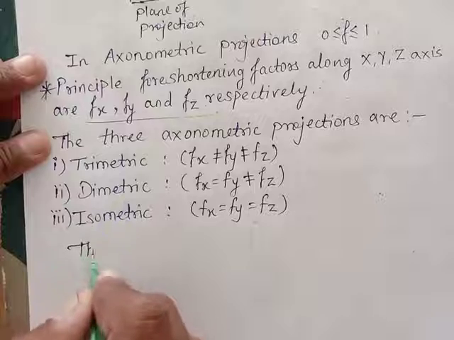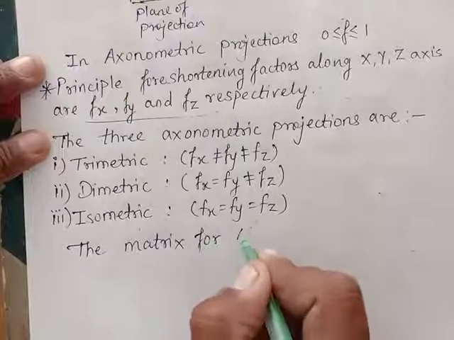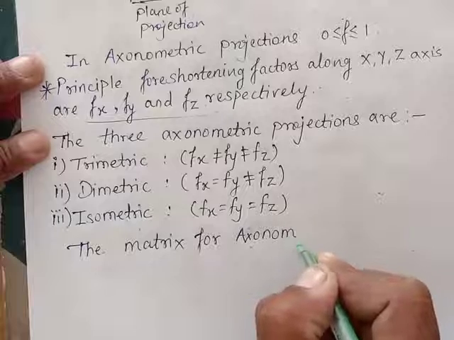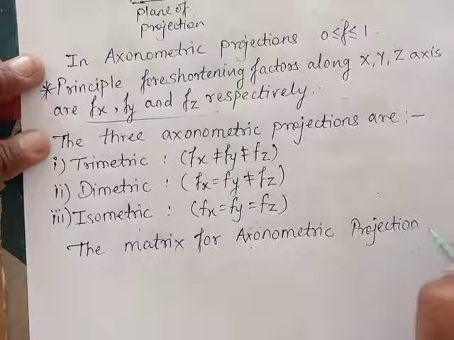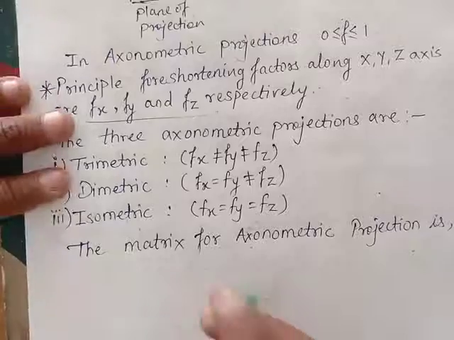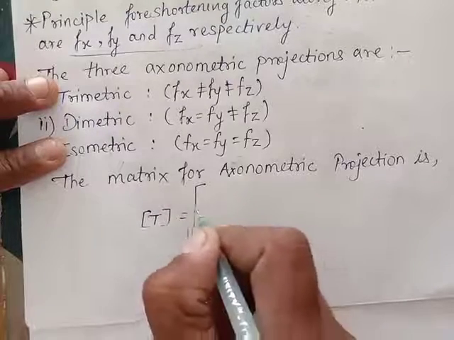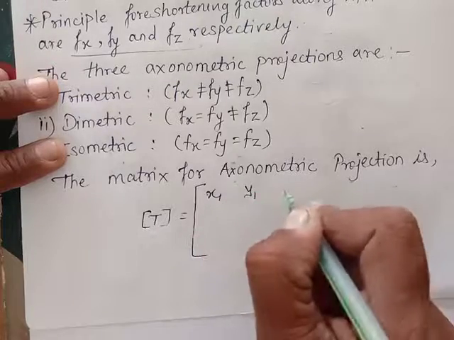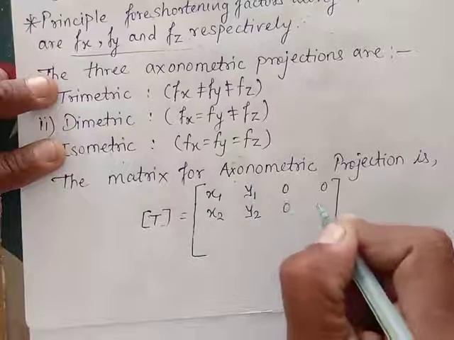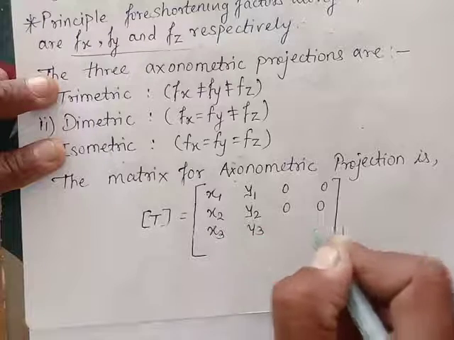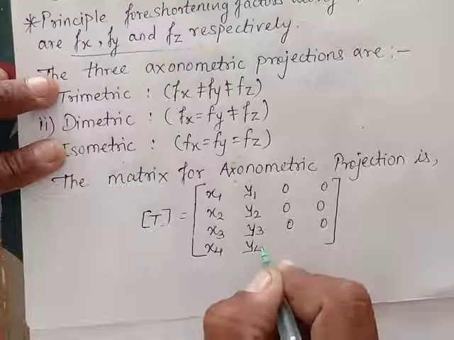Now the matrix for axonometric projection is T equal to: x1, y1, 0, 0; x2, y2, 0, 0; x3, y3, 0, 0; x4, y4, 0, 0.